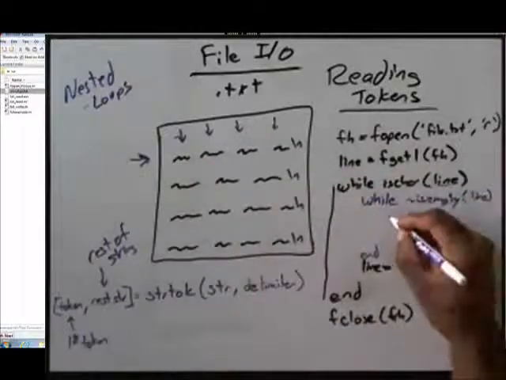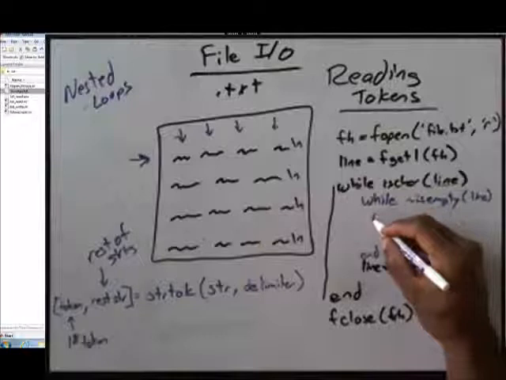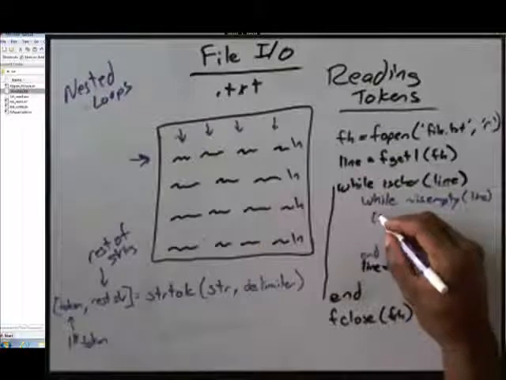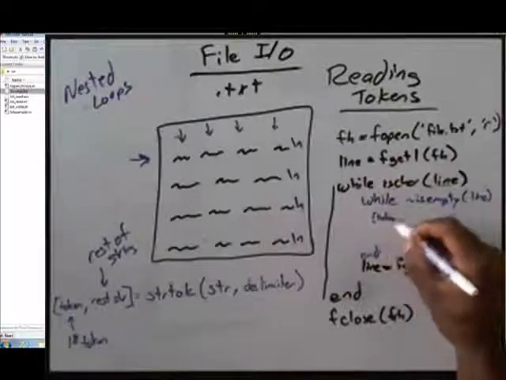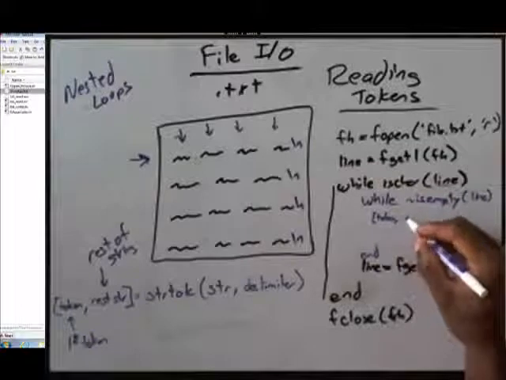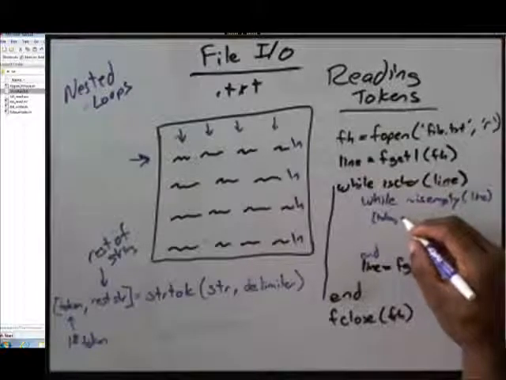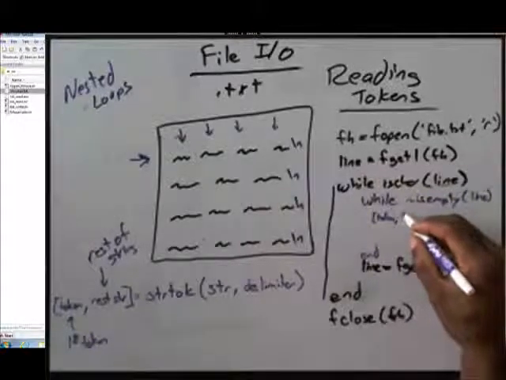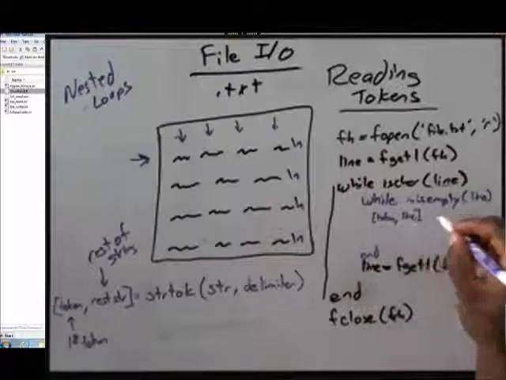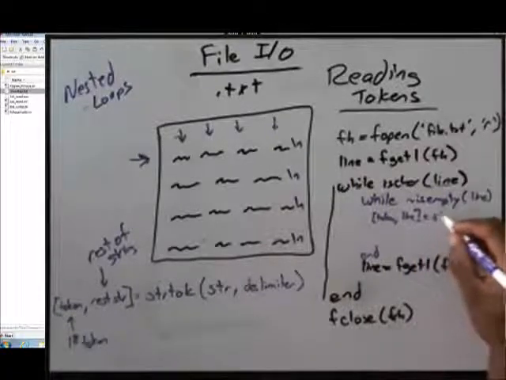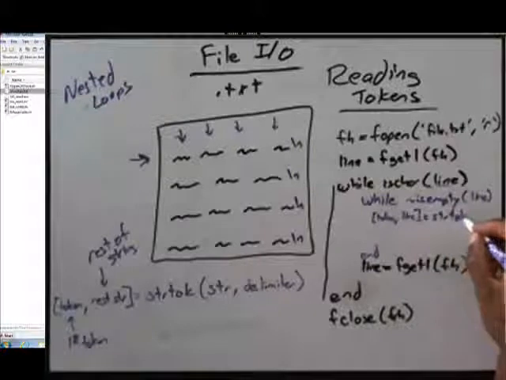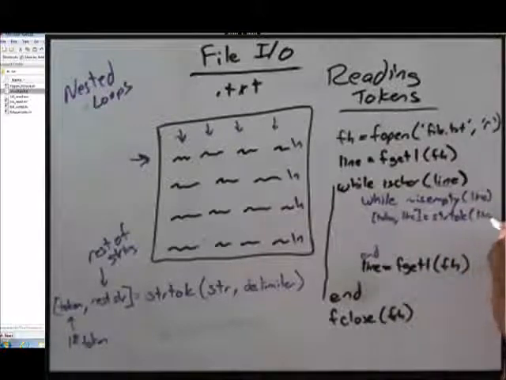So in this case, if it gets this first line here, I'm going to put token, and it'll be clearer in the code in MATLAB, and then I'll put line equals strtok on that line.